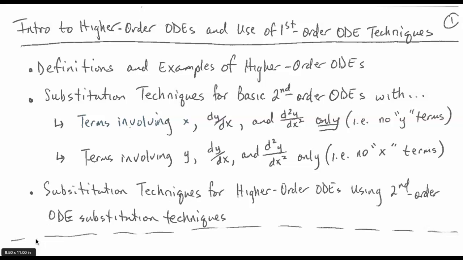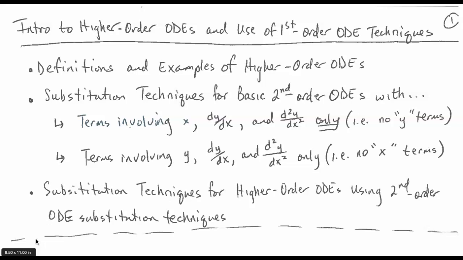Okay, but I'm saying all that just to set the stage so that you know what it is that we're going to be focused on here. And again, it is essentially second order ODEs where we can use substitution techniques like how we do with a lot of first order ODEs to be able to solve them.